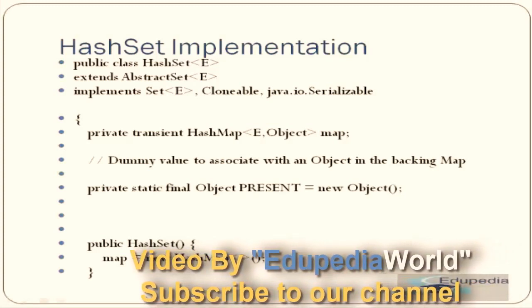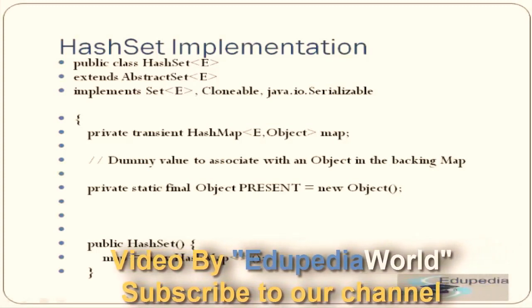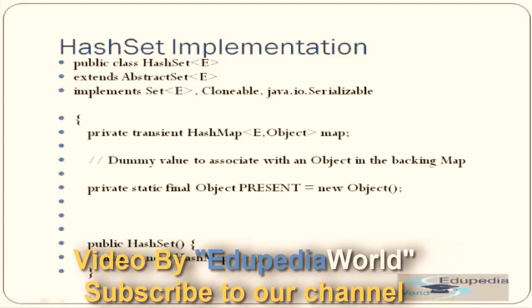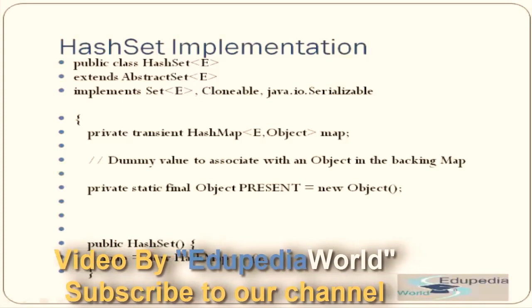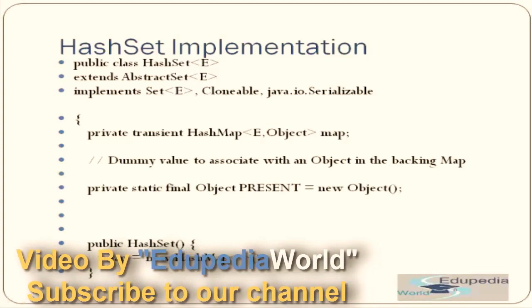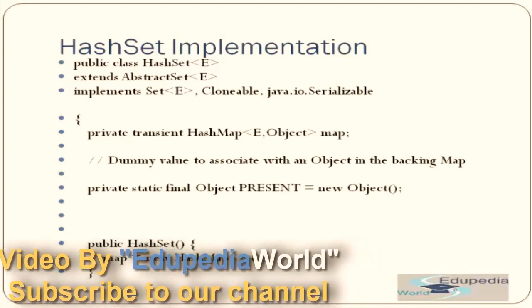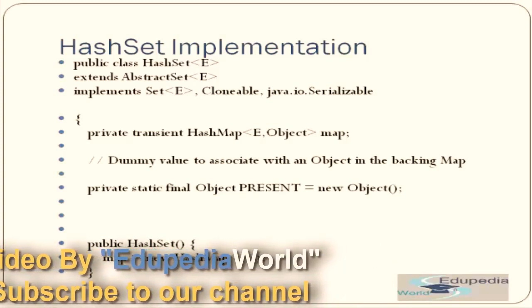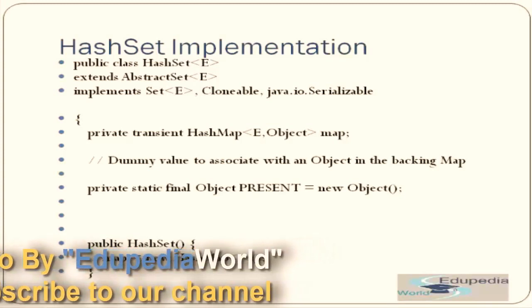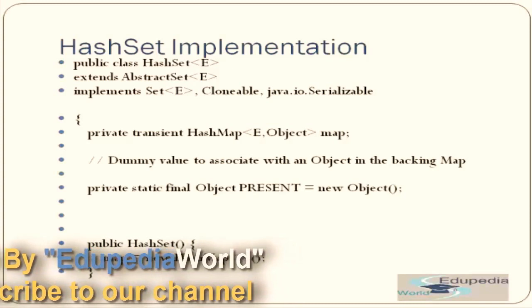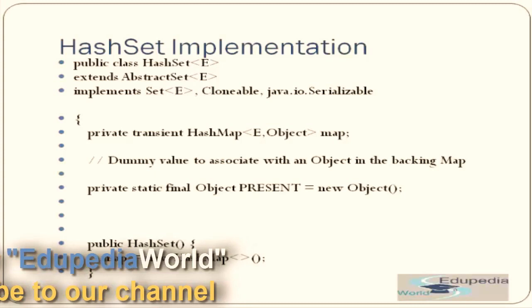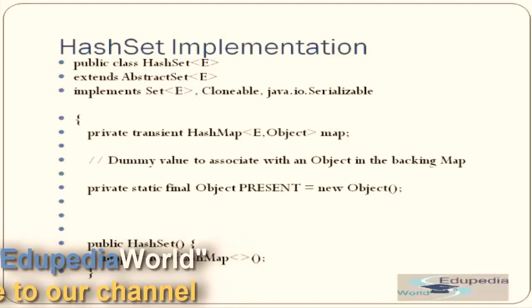Below is a dummy code, although it's not the real code that Java has implemented. If you want to see the real code, you can search for HashSet source code and easily find the source file on the internet. But for simplification, I have listed down the important lines of code from that implementation so that you can understand how HashSet is internally implemented.